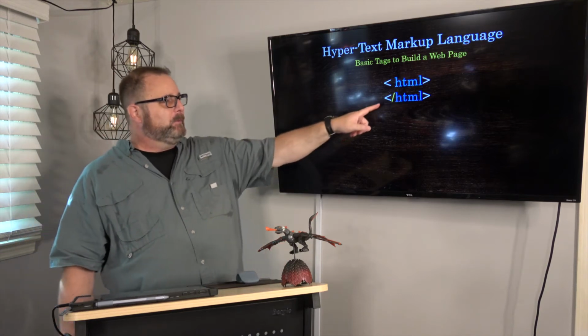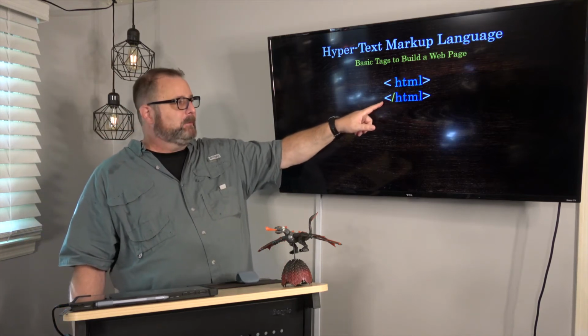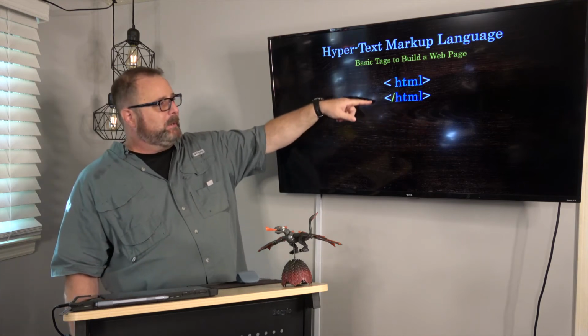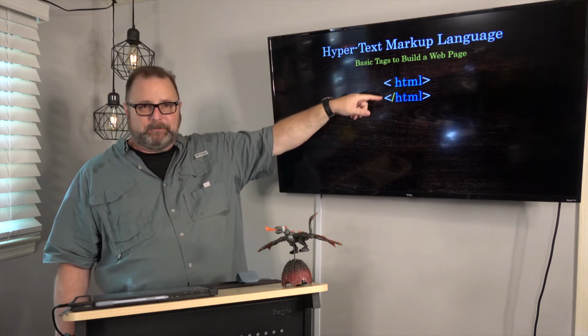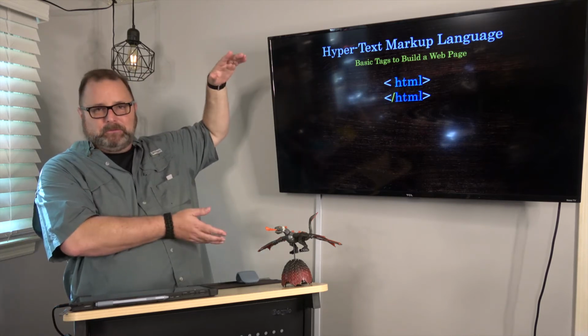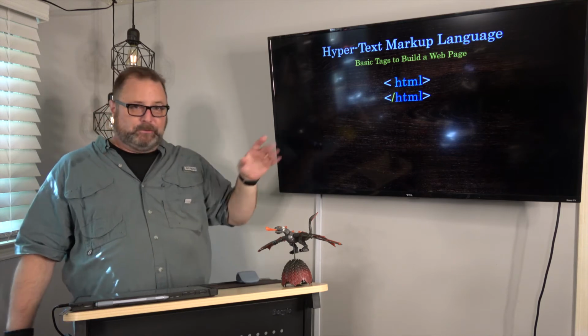Okay, so the slash means we are now done with that tag. So that anything that goes between these is contained in that tag's region. Okay, and you'll see more of that very quickly.